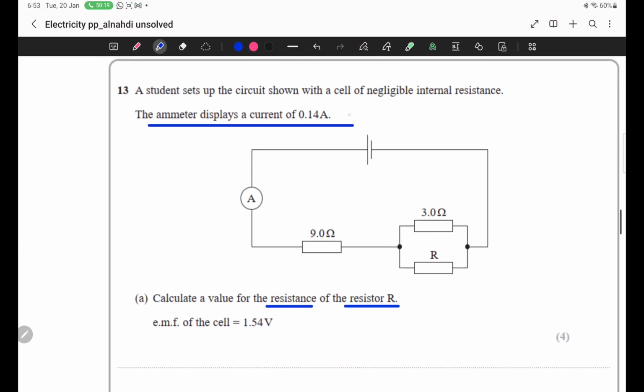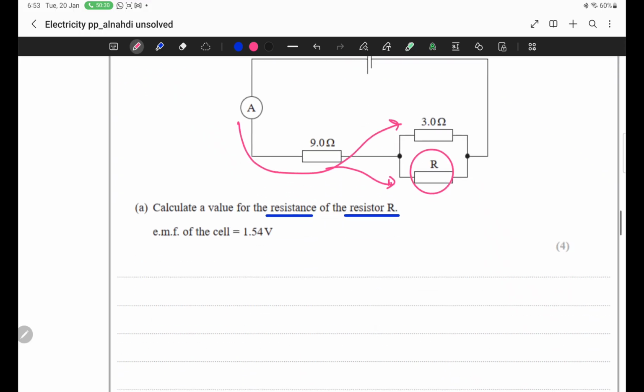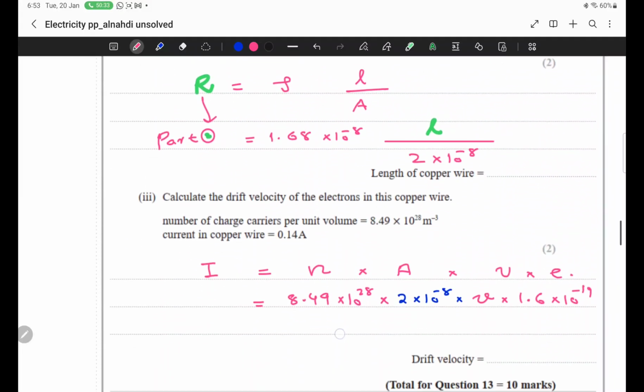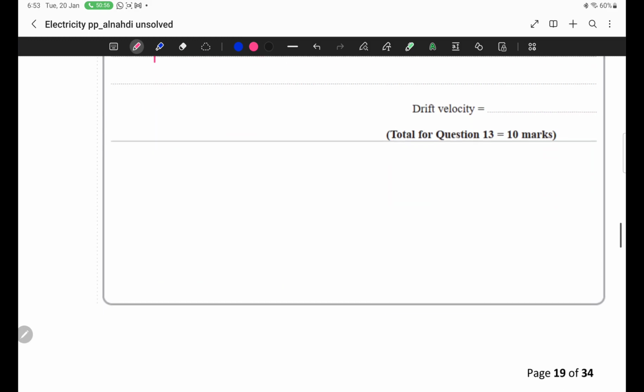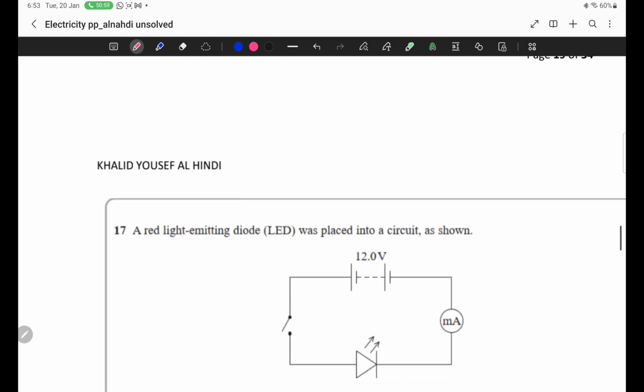This is the ammeter reading, but it will not be the current of R because the current will be divided between the two resistors. So we cannot solve this question completely because part A was not solved. Sorry, brother, I didn't note earlier that the last part was required, so we could not complete this question. Sorry, brother.